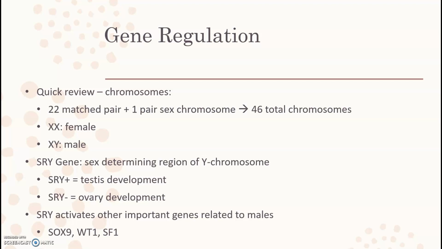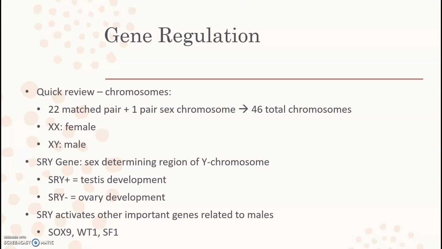However, if just the male gives a Y and the female gives nothing, so it's Y0 or YO, in that case the embryo is not going to live, and that's because the X chromosome actually carries a lot of really important genes that are vital for life, and so that's why it's really important to understand how chromosomes affect sex.